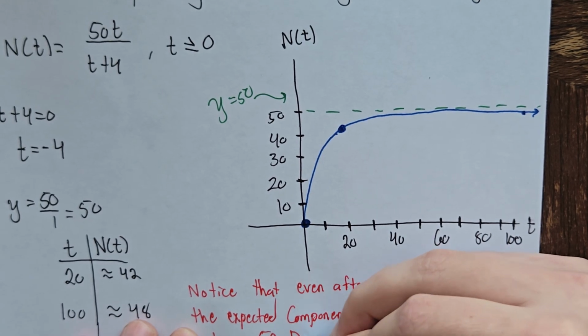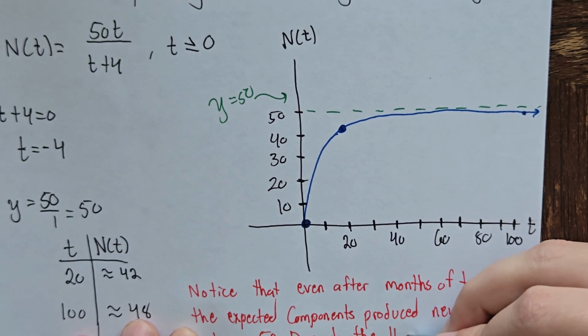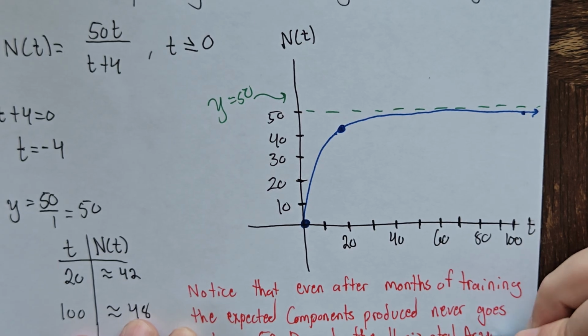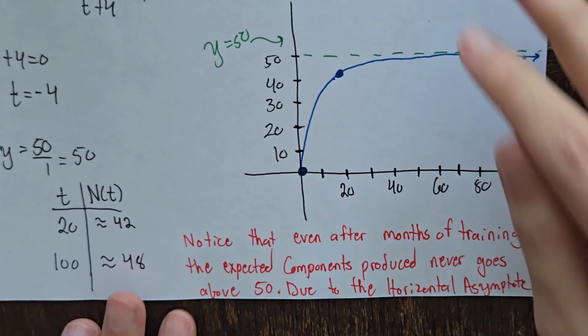And we can say, if we want to, due to the horizontal asymptote. That's the thing that's causing this behavior, rather. Let me move that up a little bit.